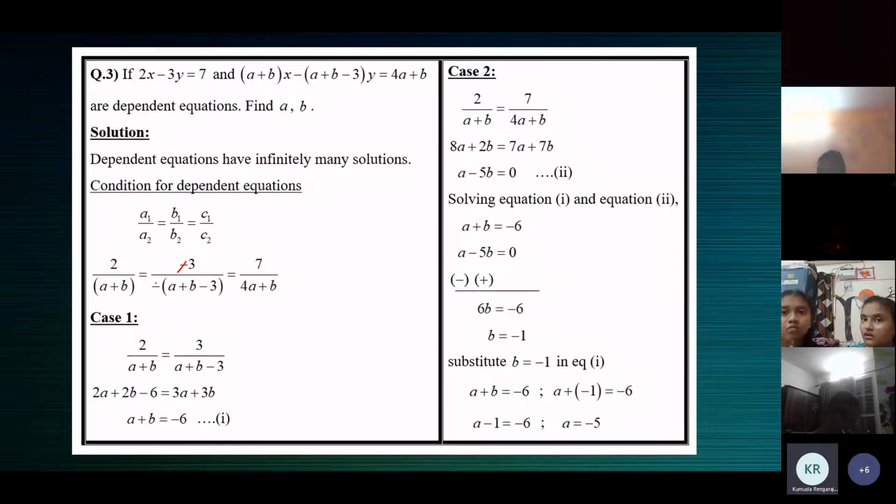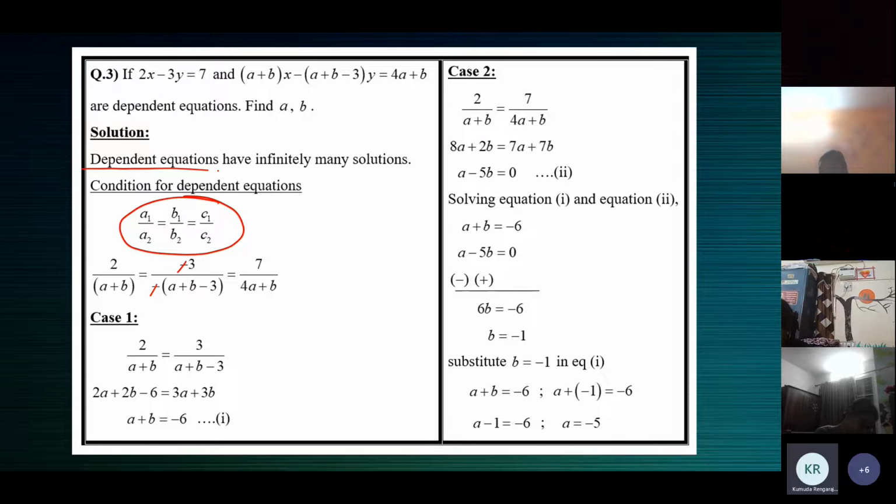Minus and minus will get cancelled. So this is the condition for many solutions.